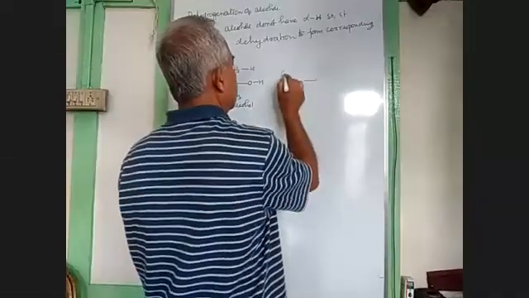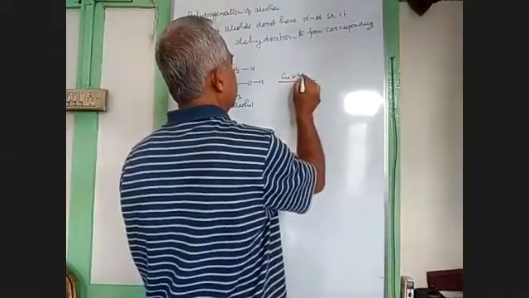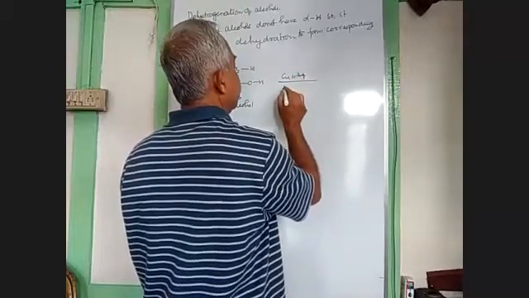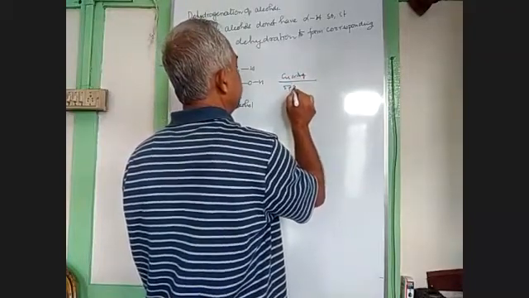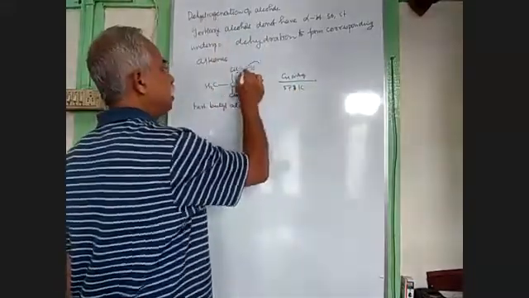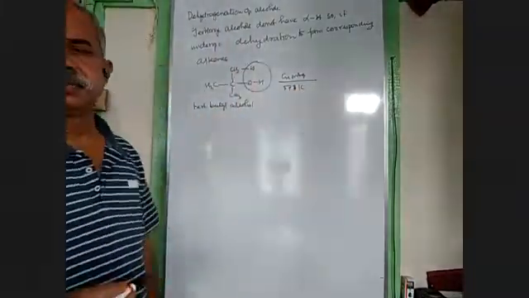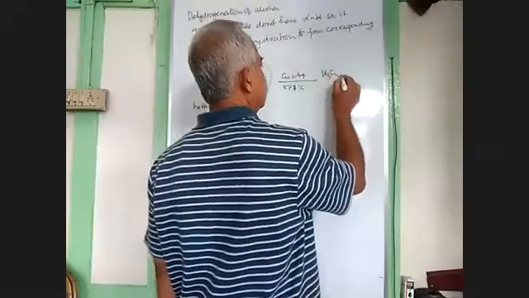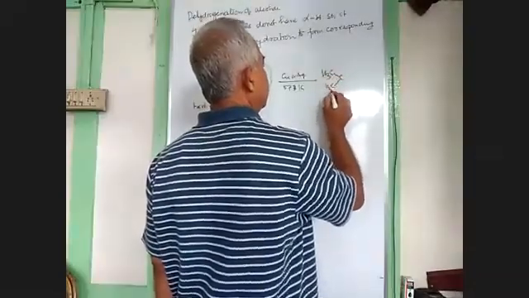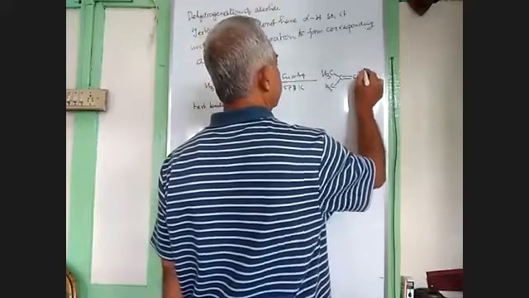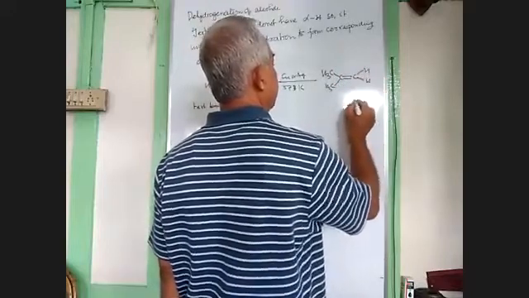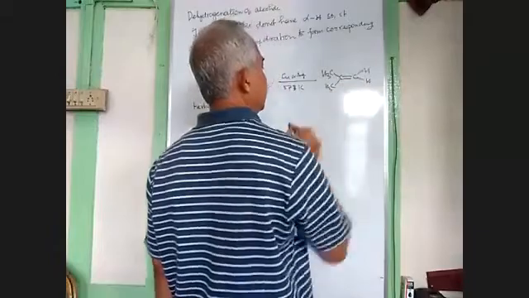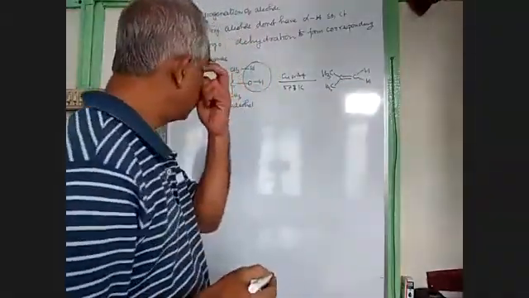So copper or silver, 573 Kelvin. See here, water goes out. So what are you going to get here? CH3, C, CH3, CH2, and water. So you get an alkene. Okay. What is the name of this alkene?